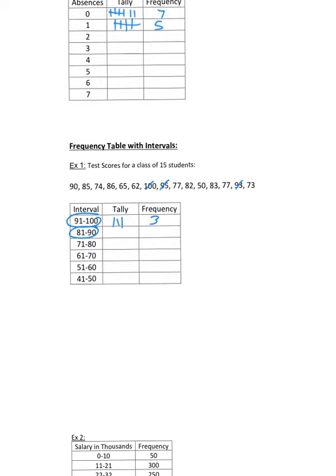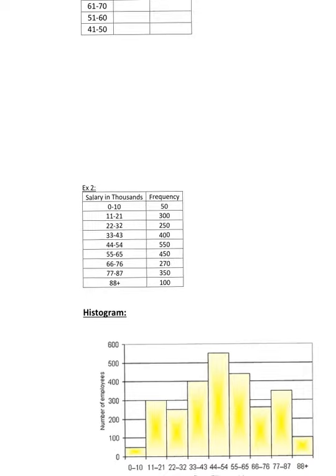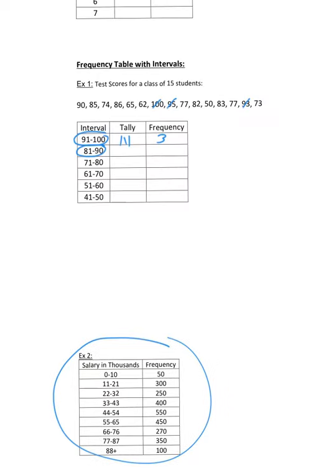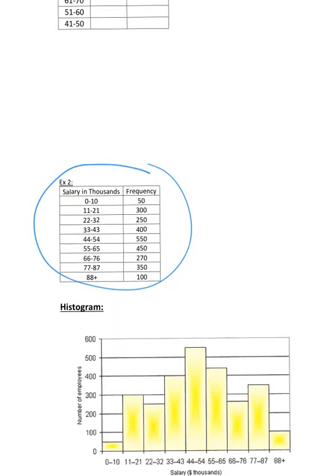Okay, another example is given to you here where it's already filled out for you. Sometimes they skip over the tally column. So this is an example of a frequency table that omits the column with a tally, which sometimes happens, and you have to just be able to read them properly.